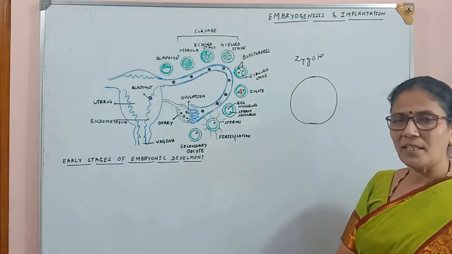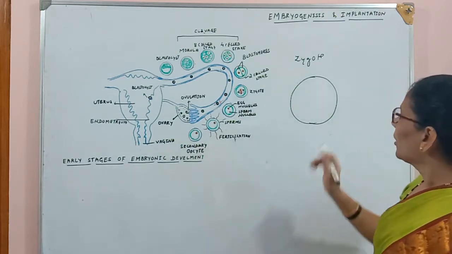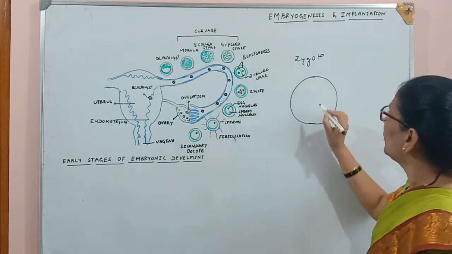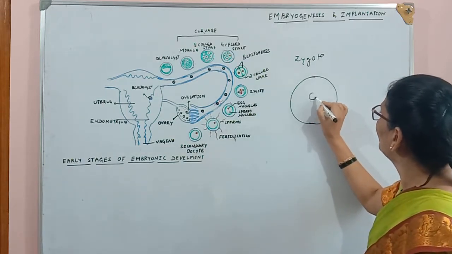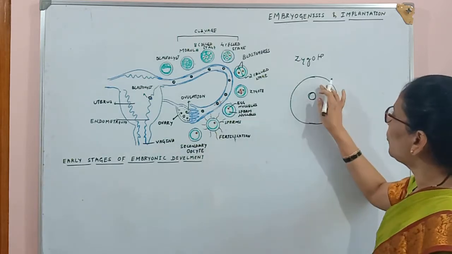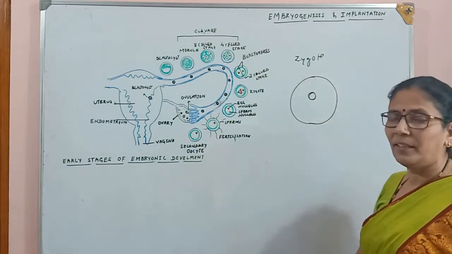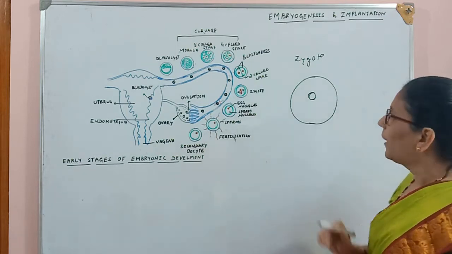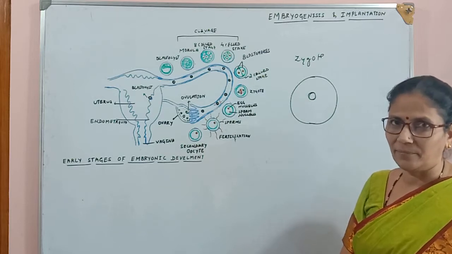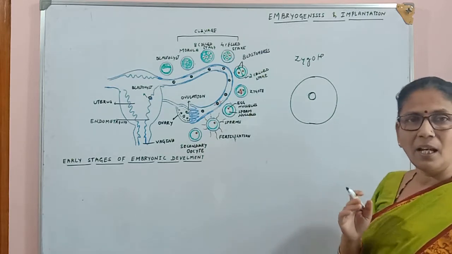The zygote is a single diploid cell which has a diploid nucleus. Nucleus is here. This is the nucleus which has two poles, one is the animal pole and the other is the vegetal pole. The zygote is surrounded by all the three layers which were there in the egg.